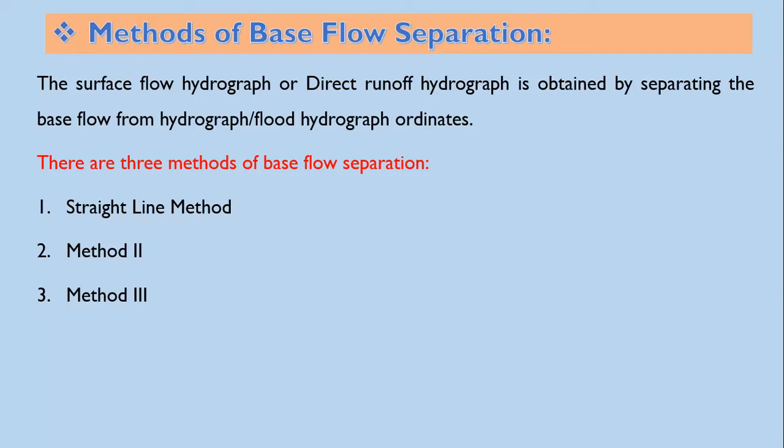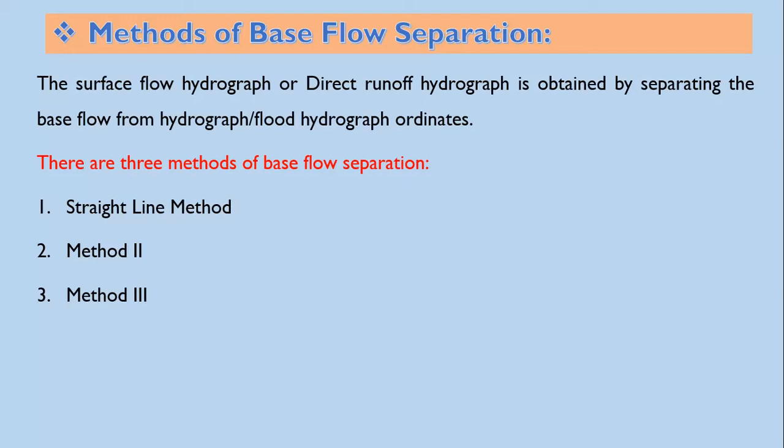When precipitation occurs, there will be development of runoff or discharge, or you can say flow, and if that flow is plotted against time, then it is called a hydrograph. When rainfall stops, there will be a decrease in the runoff, and after a certain period of time, there will be no runoff.